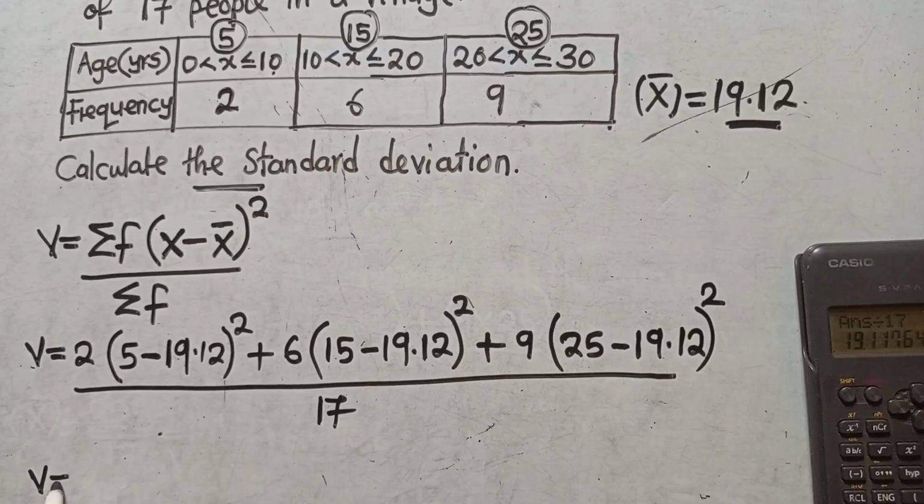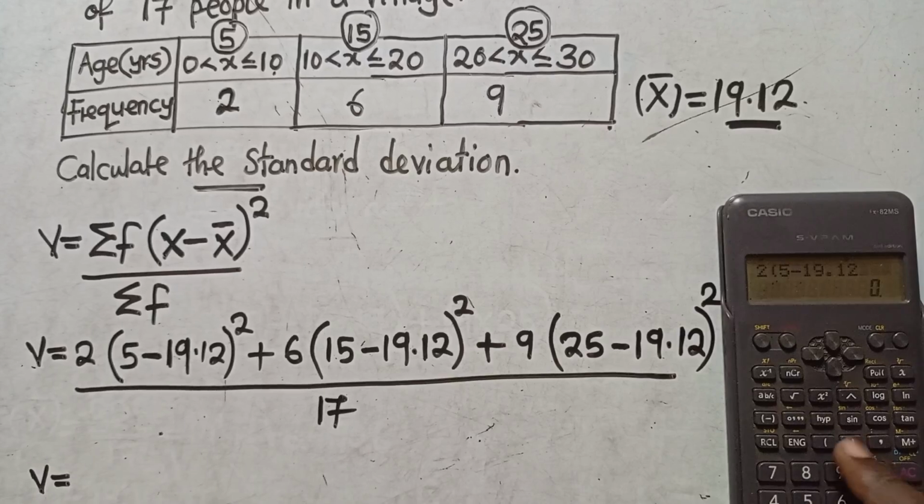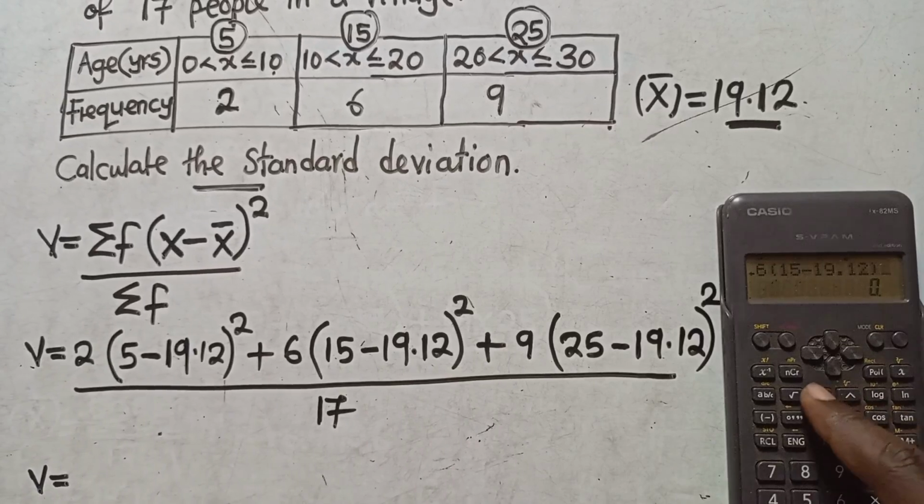I say this is equal to, what is the answer? So I get my calculator and punch everything in. 2 open bracket, 5 minus 19.12 squared, plus, I move to the next one, 6 open bracket, 15 minus 19.12 squared.